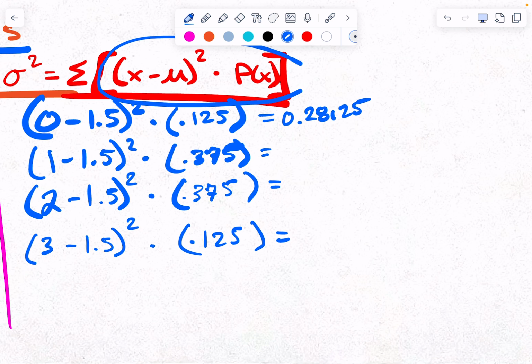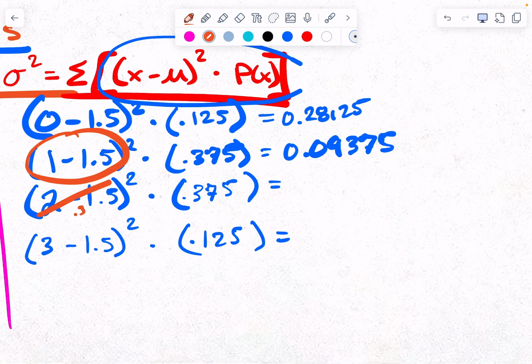By the way, help yourself out here. 0.09375. I do this part in my head. 1 minus 1.5, you can do that in your head, right? It's negative 0.5. In my calculator, I don't type in negative 0.5. I just type in 0.5 because when you square it, the negative goes away anyway, right?